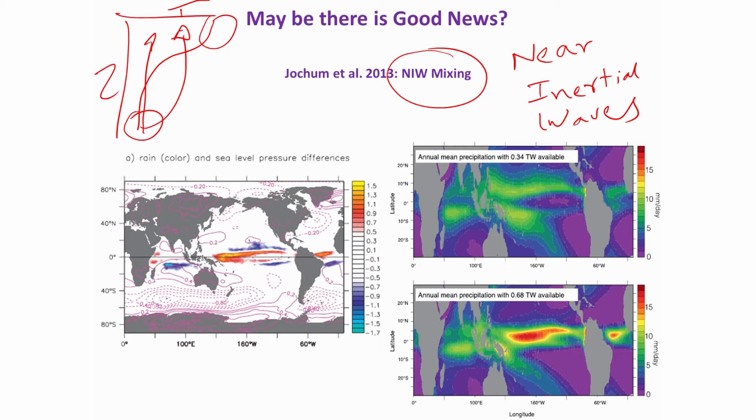What is the short message? This model, which had a double ITCZ, improved its near inertial wave mixing, and you can see that now suddenly this became very realistic, and it shows that they also improved things in the southern ocean.